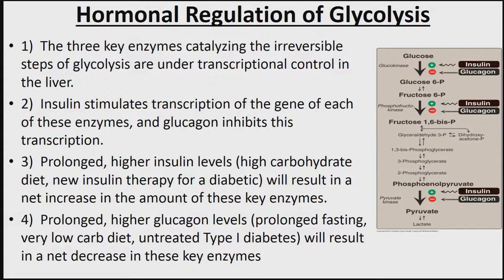So once again, we're talking about the three key enzymes, and what I like about this slide is it shows you the three enzymes you need to know. It doesn't tell you all the other enzymes, which you don't need to memorize, and it highlights the key steps in bold. Although just recognize we're talking about gene expression there, not insulin necessarily directly affecting the enzyme itself.